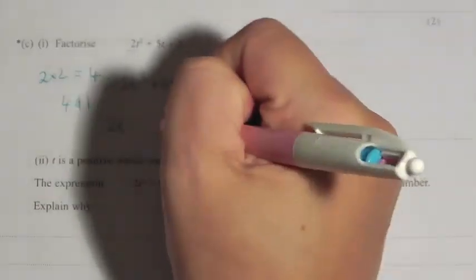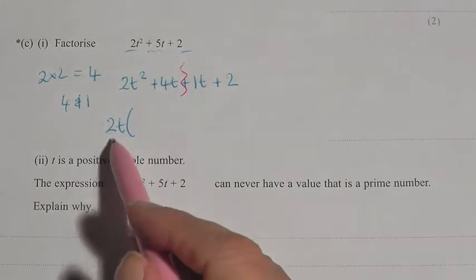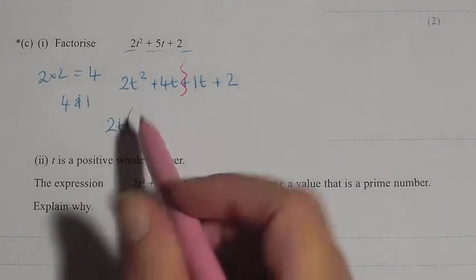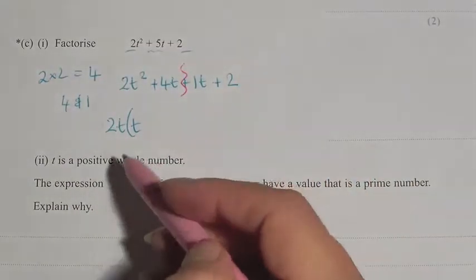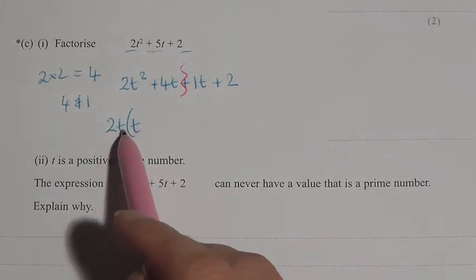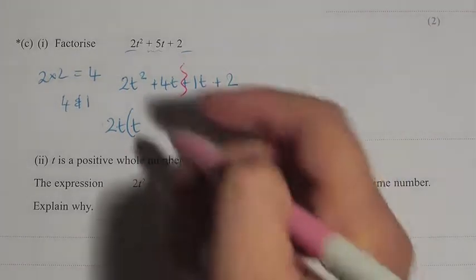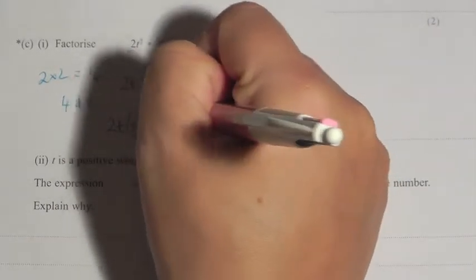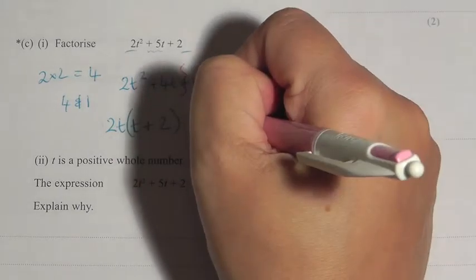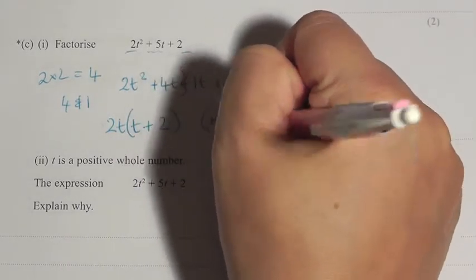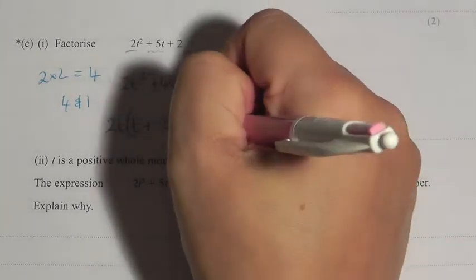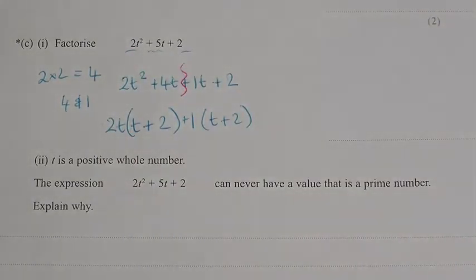So I'm taking out 2t. And 2t times t would give me 2t squared, and 2t times 2 would give me 4t. This bracket I want to be t plus 2, which means I'm going to multiply it by a plus 1.